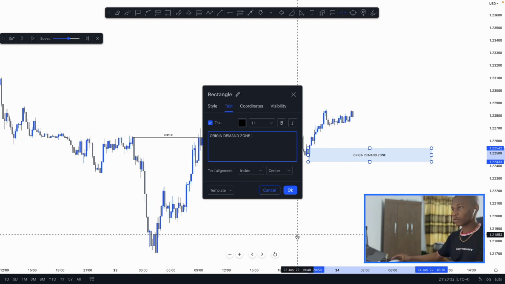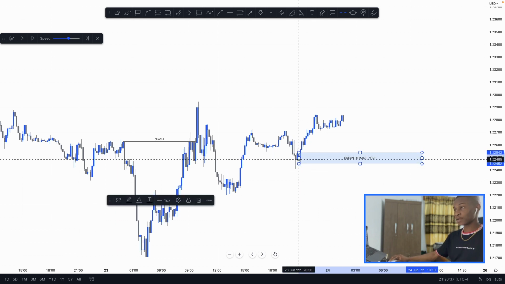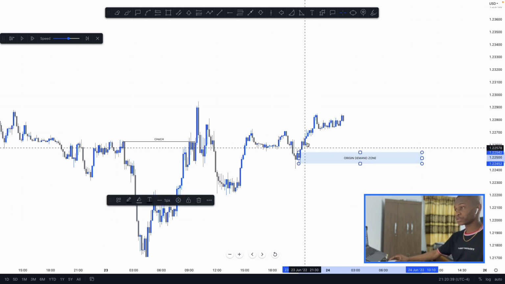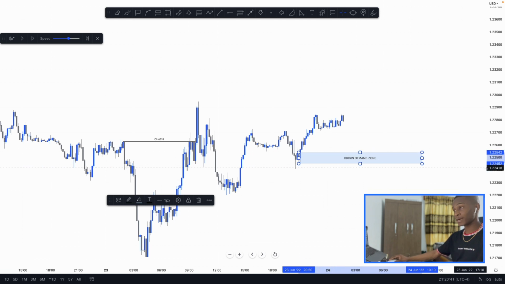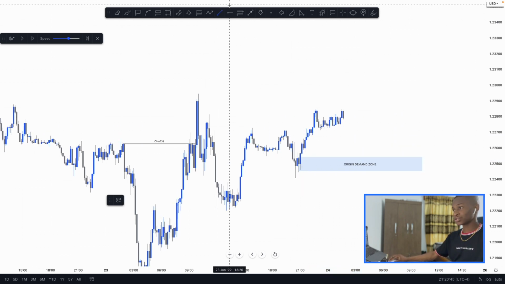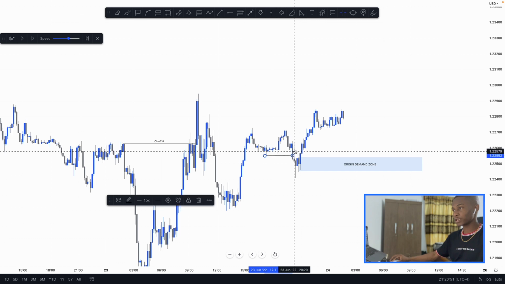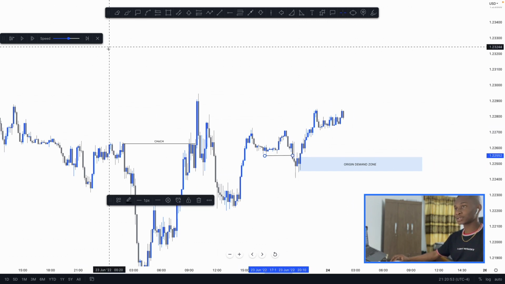So we had the origin demand zone right here. This was the last down candle responsible for this push phase. This was the demand area, and we realized that we had a structural break right here. The market shifted a bit to the downside, so we had a change of character right there to the downside.